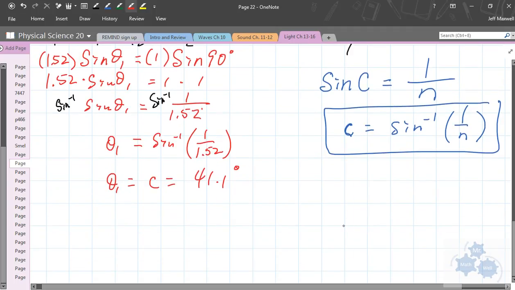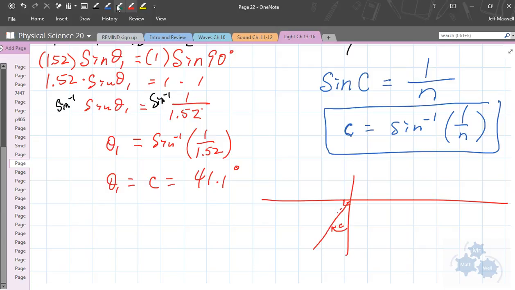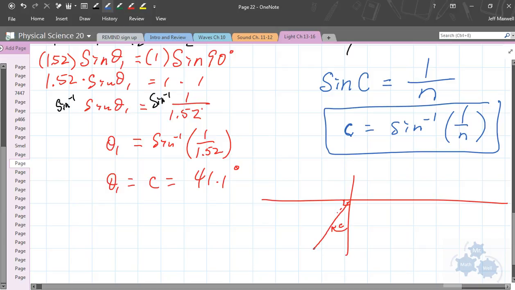Which means that if this is 90 here, and this is 45, then 41 degrees would be right about here. Any angle of incidence greater than this is going to be totally internally reflected. Right now we have this here, and it's reflecting right along the surface. So any of these angles, if it's greater than 41.1, is going to get reflected. That make sense?